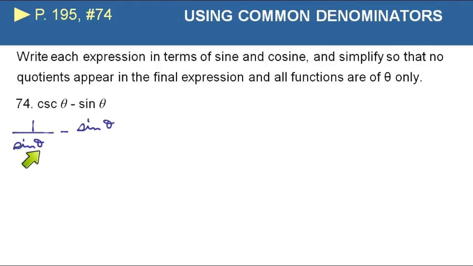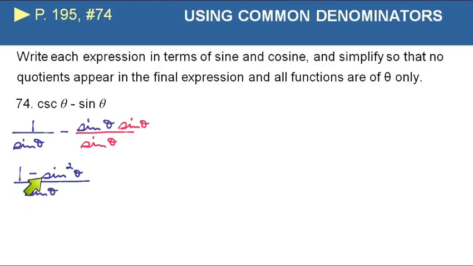This one has a denominator of sine. If this one has a denominator of sine, I'll have to put a sine in the top. So we've multiplied by sine over sine, which is like multiplying by a big fancy 1. And that gives us for the top 1 minus sine squared, and for the bottom simply sine.